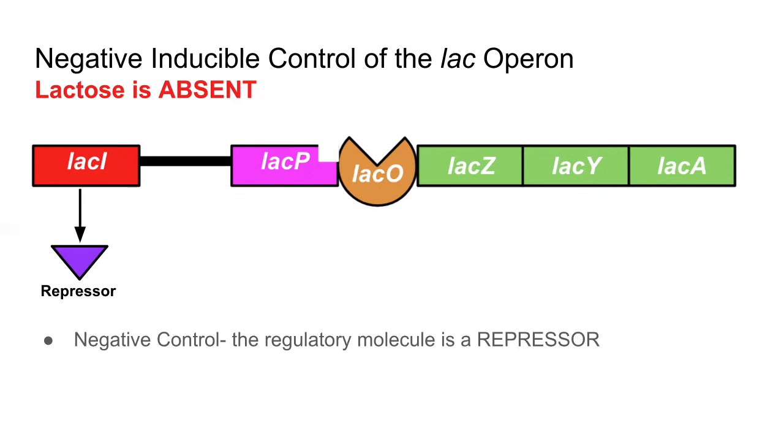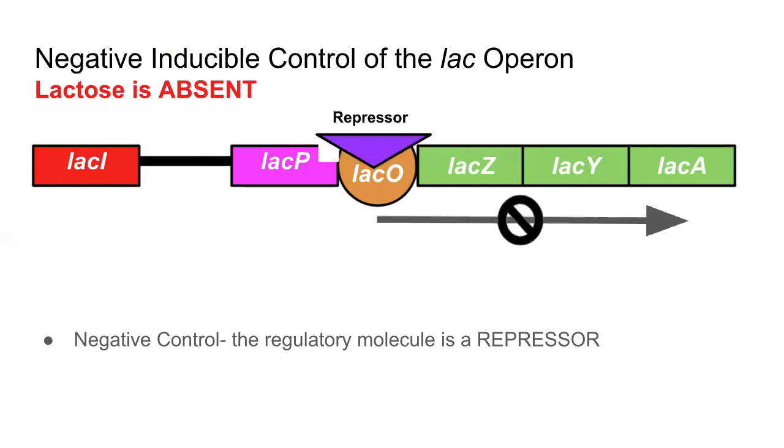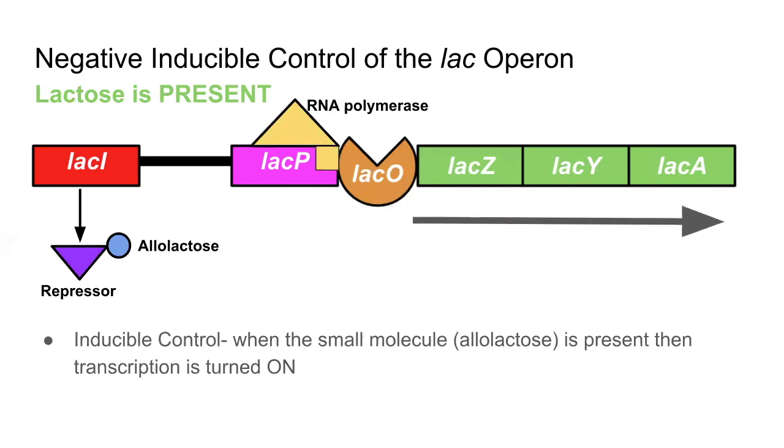Under negative control, the regulator molecule is a repressor. In the Lac operon, this occurs when Lac I produces a repressor molecule. When lactose is absent, the repressor molecule binds to Lac O and transcription does not occur. When lactose is present, we see the inducible control aspect.